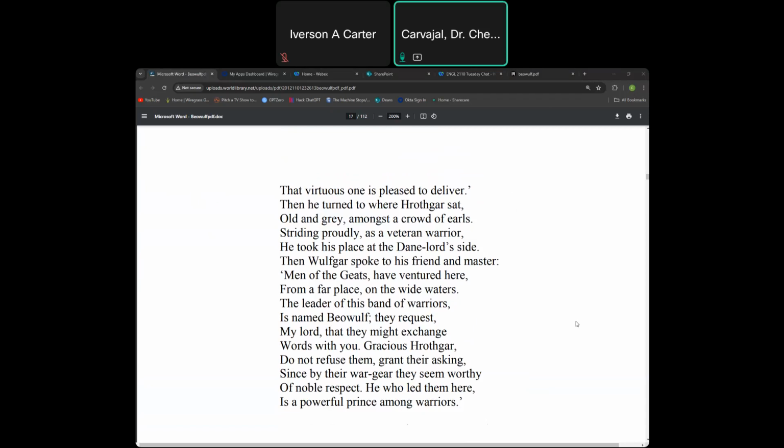Fealty. It's like loyalty, but almost like a contractual loyalty. But yes, there are definite similarities between the Iliad and Beowulf, and the Odyssey and Beowulf, and there are other epics. I mean, the Aeneid is the same type of thing, but for the Trojan survivor Aeneas, who founds Rome, and so he has an epic poem of his own.